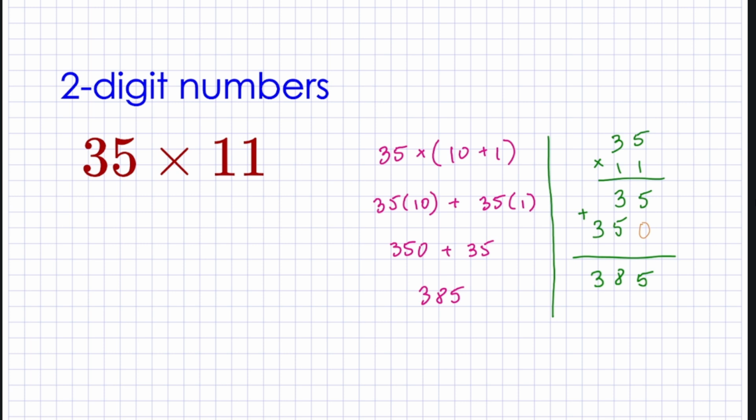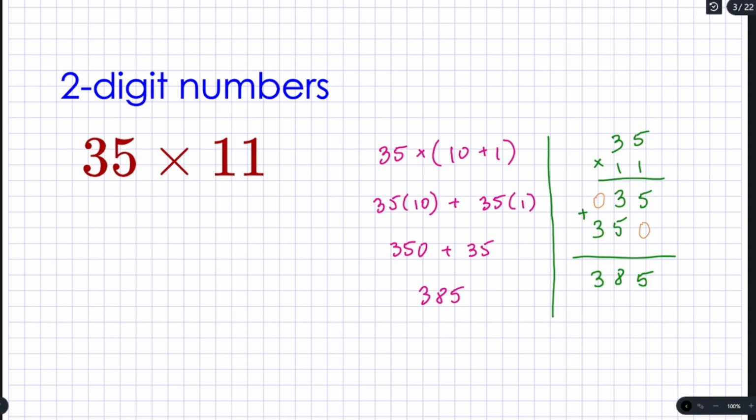And then the 3 in the front got added to nothing, or 0, in that spot. So 0 plus 3 is 3. So the point is that the 3 in the front and the 5 at the end are the same digits that we had originally in 35. But in the middle, we have 8, which is the sum of 3 and 5.